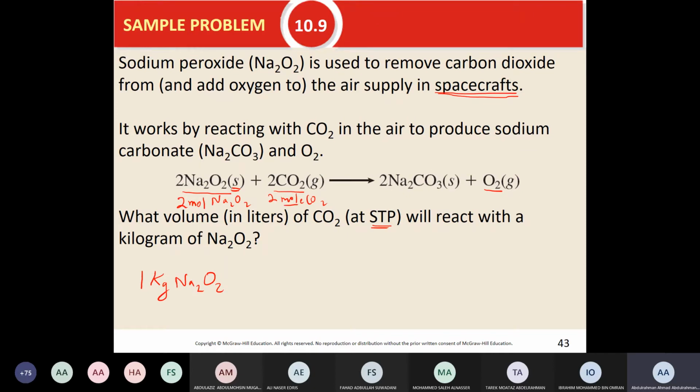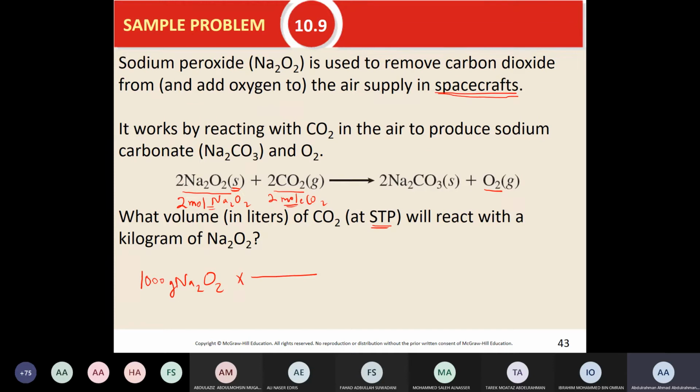I want to know how many liters of CO2 will react with this one. What should you do? Convert kilogram to mole. It's the first thing I should do. Instead of 1 kilogram, I will write 1,000 gram Na2O2.